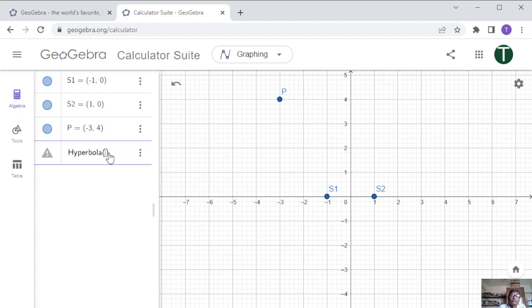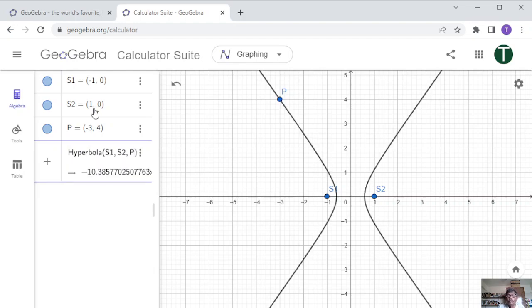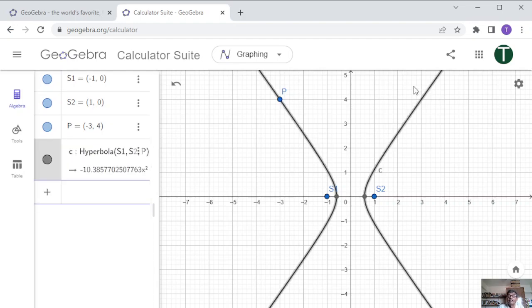What are the things I have to supply? The two foci, that is S1, comma S2, comma this point P. And if you do, your hyperbola is there. As I told you, this P could be anywhere.